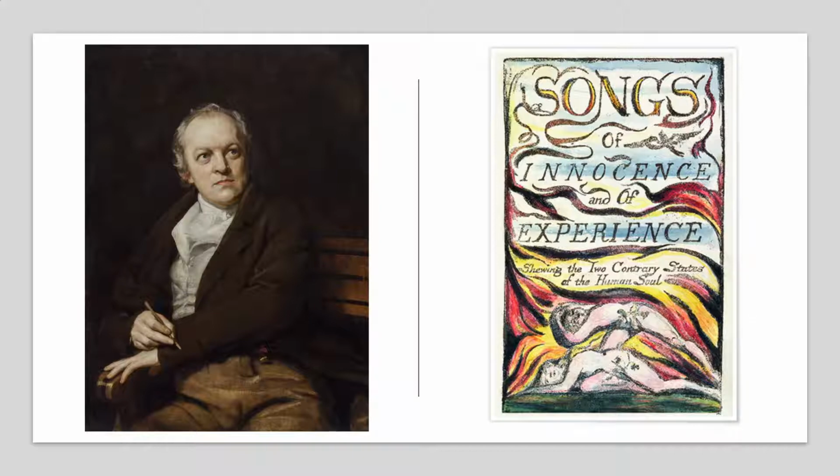Blake was often called a visionary poet, and he actually described having spiritual visions, seeing things that couldn't really have been there, and being quite prophetic, as if he could see more than anyone else could actually literally see with their eyes. And he's also linked to the group of poets called the Romantics.